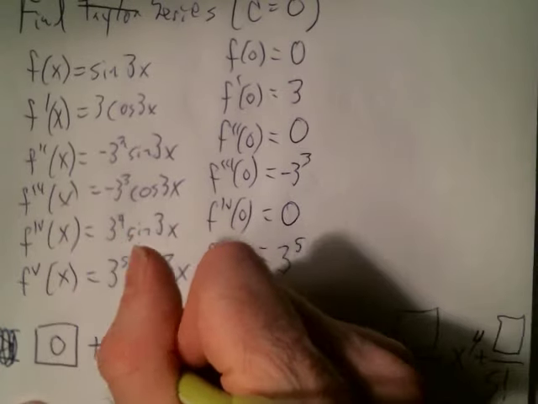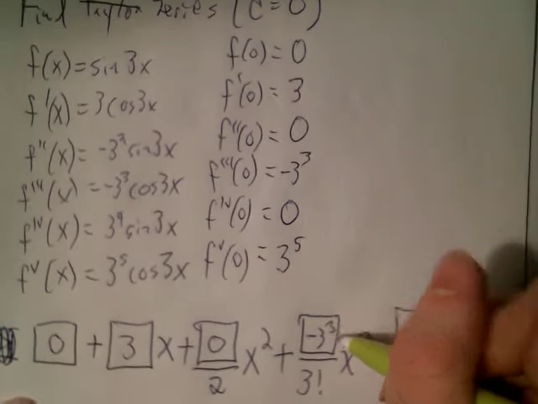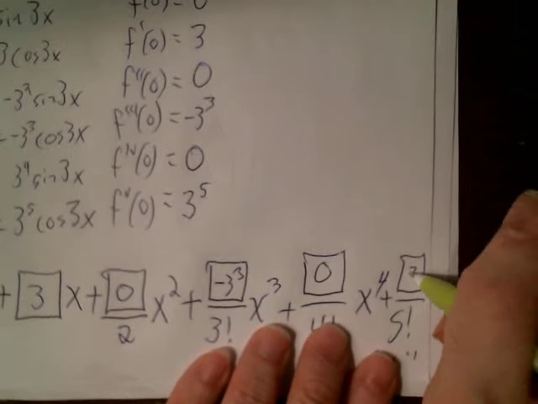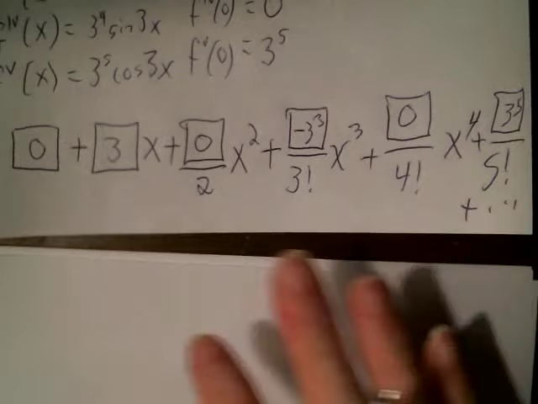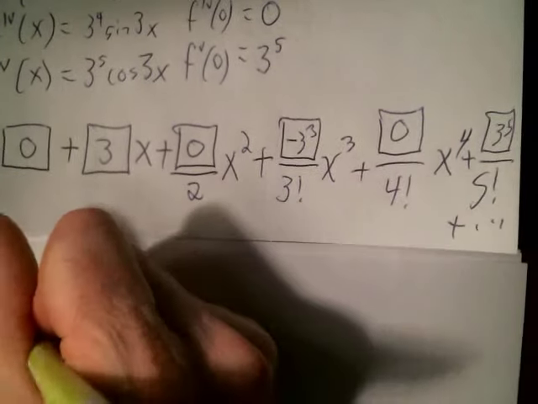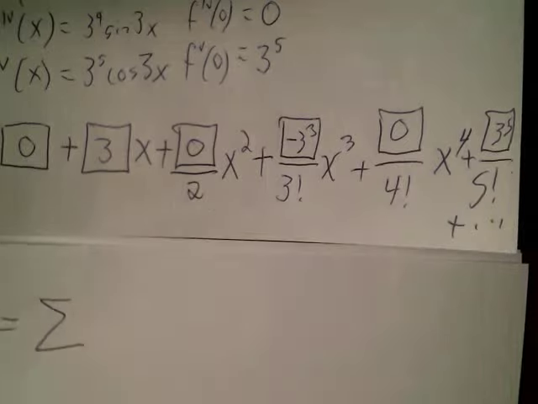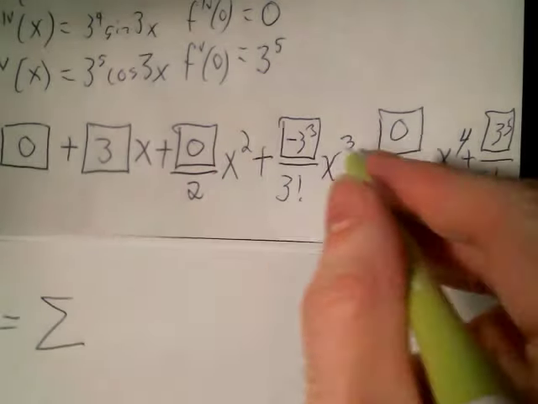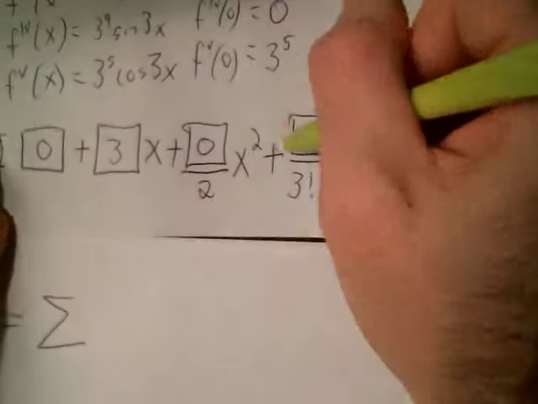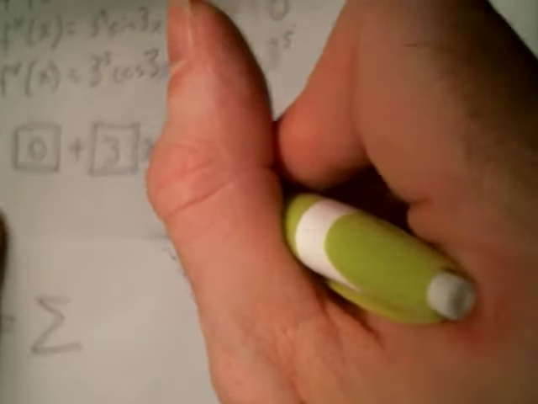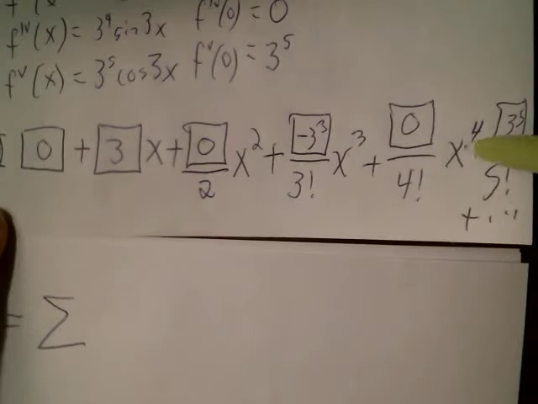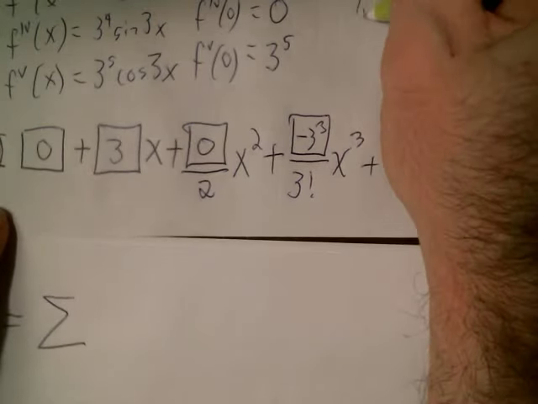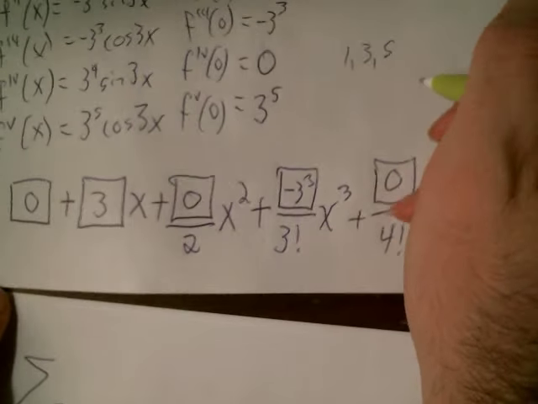I got 0, 3, 0, negative 3 cubed, 0, 3 to the 5th. I want to rewrite that in summation notation. So I'm going the series. Looks like we have some alternating terms. The exponent on our remaining polynomial terms, x, x cubed, etc., will be 1, 3, 5. So the sequence 1, 3, 5, etc.